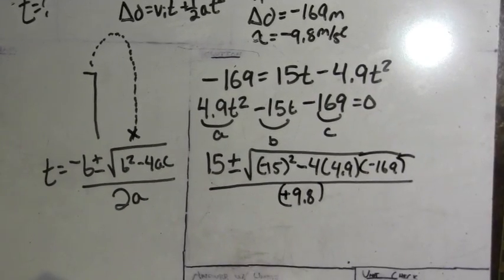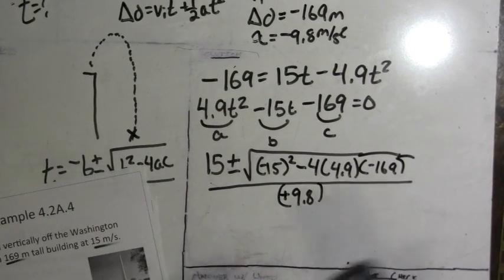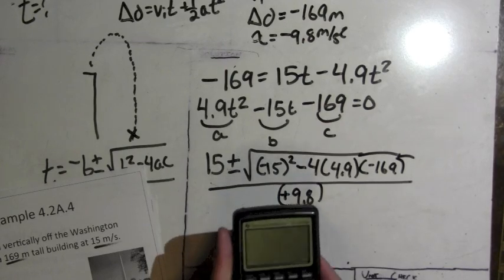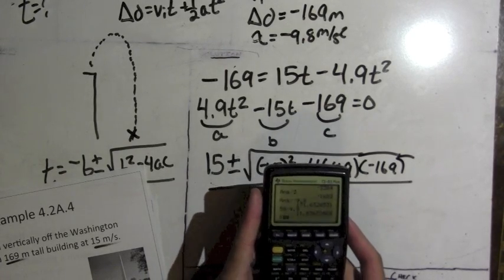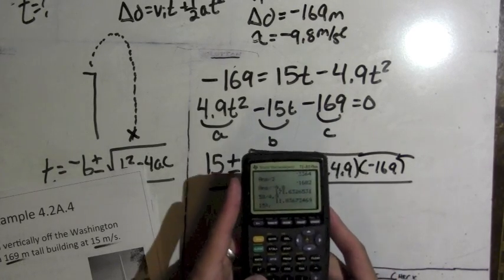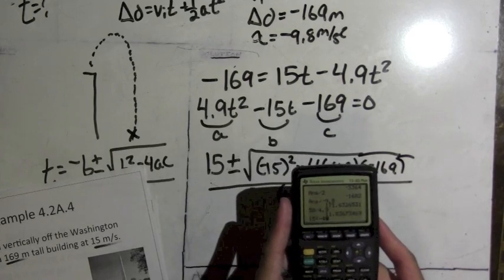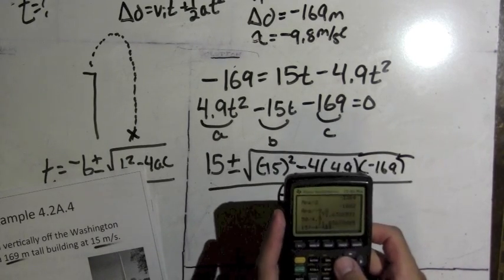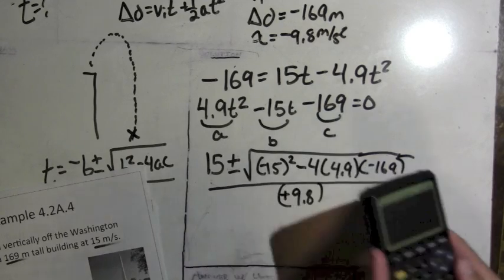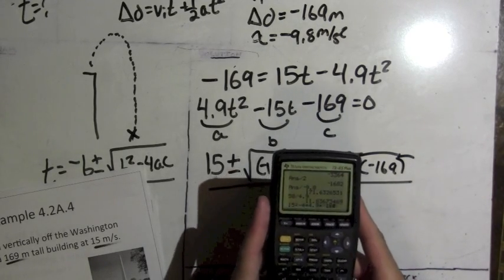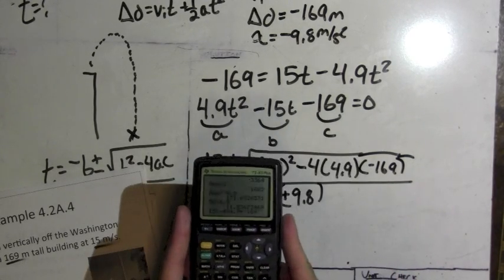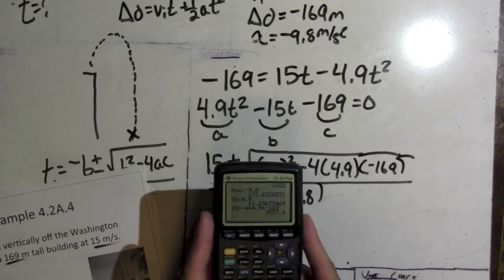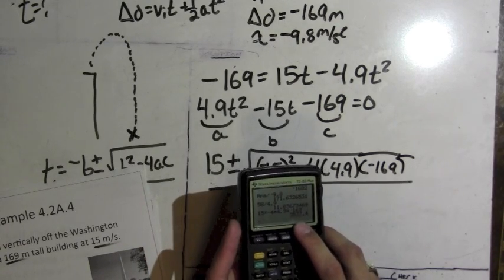So now we plug our numbers into the calculator. We say, okay, 15 squared minus 4 times 4.9 times negative 169 is going to be 3,537.4.